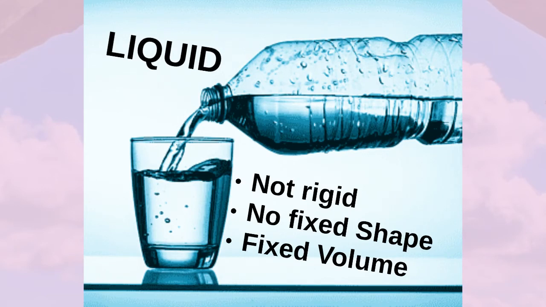There's no fixed shape, and there's a fixed volume. So a fixed volume means it's always going to stay that amount of water. But no fixed shape means it will form to whatever object or shape the water is going into. So if you're pouring water into a fish-shaped glass, that water is going to form into a fish shape because of the solid glass you're pouring it in.